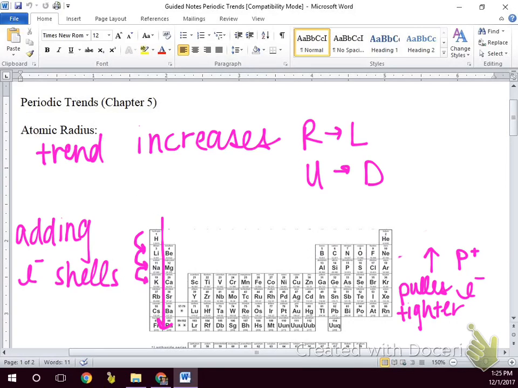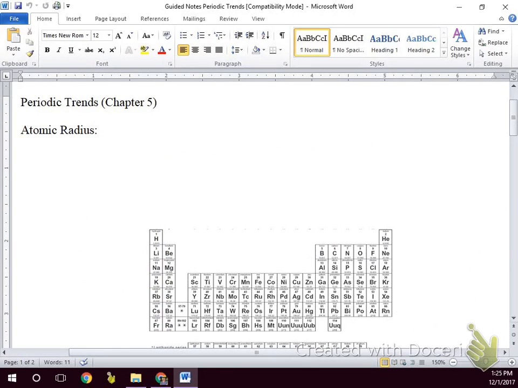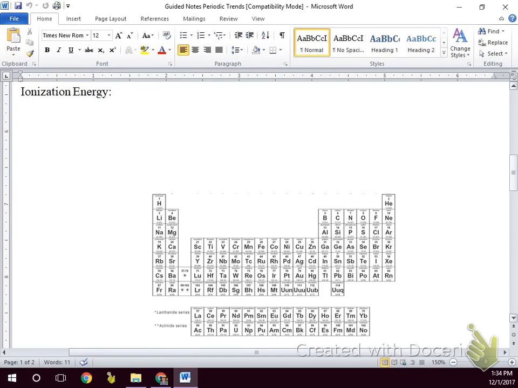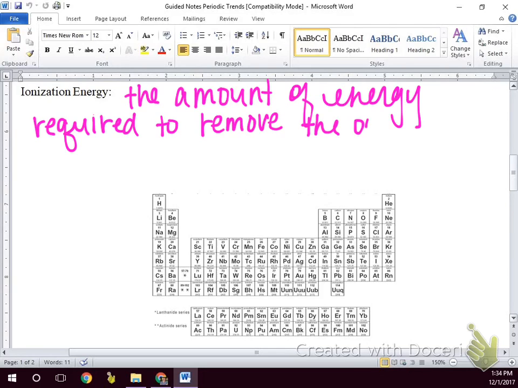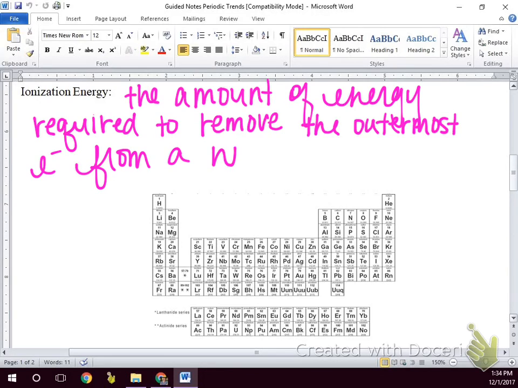Okay, the next one is called ionization energy. The definition for ionization energy is the amount of energy required to remove the outermost electron from a neutral atom.